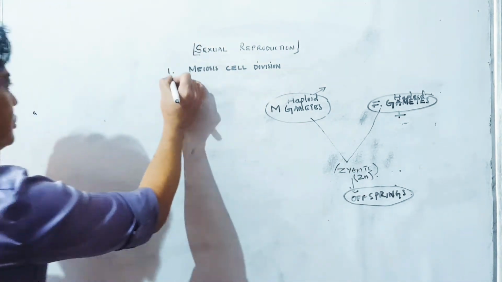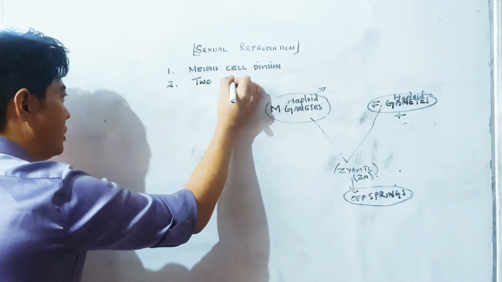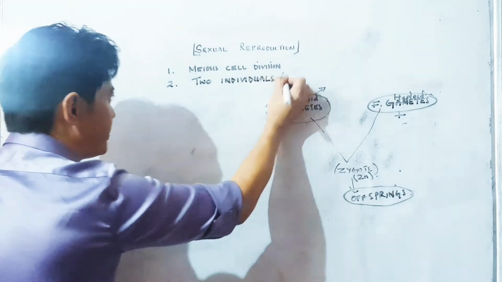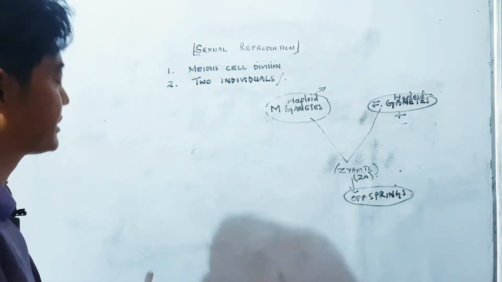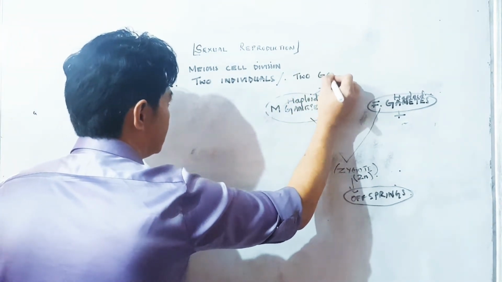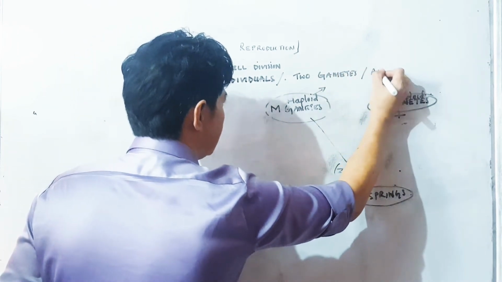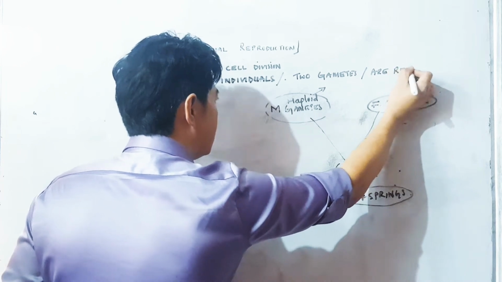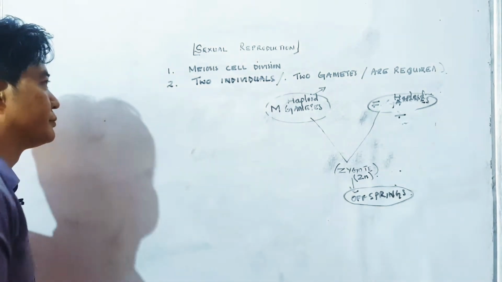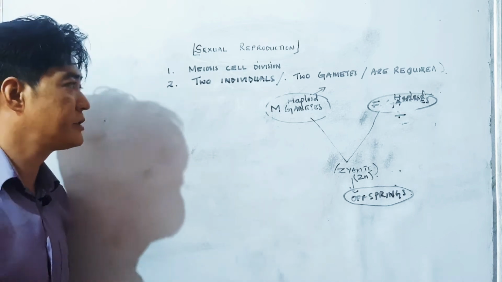Number two, two individuals, or more precisely two gametes, are required.